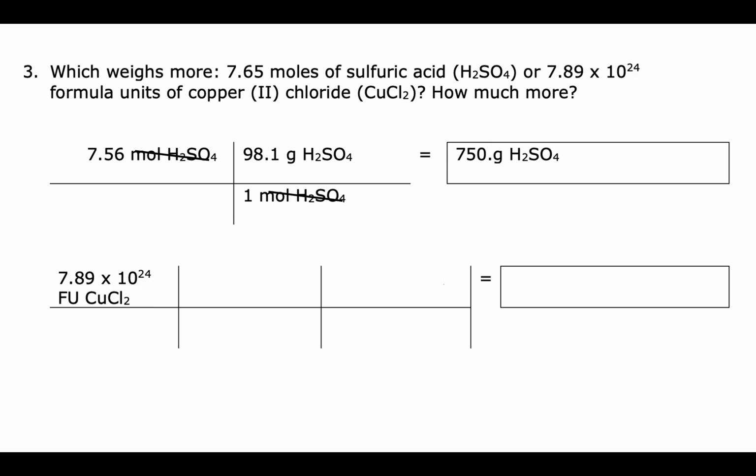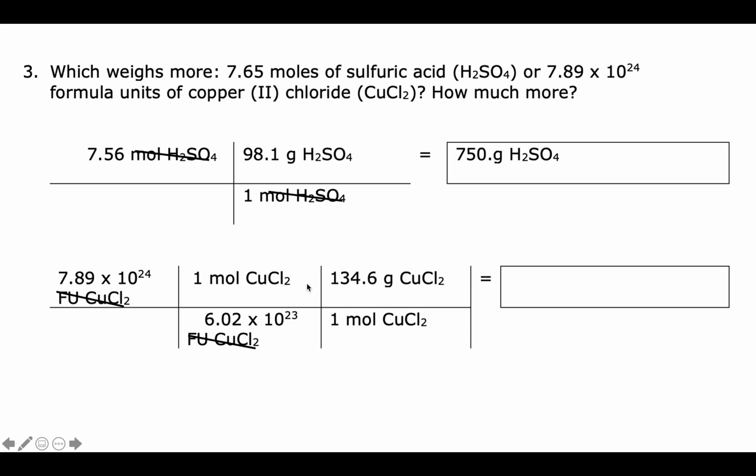We're going to go from number of particles to moles and then to grams. Here we're making the conversion. We get rid of the formula units. Now we are in moles. Now we go from moles to grams like we did up here. So there's an extra step in this solution.